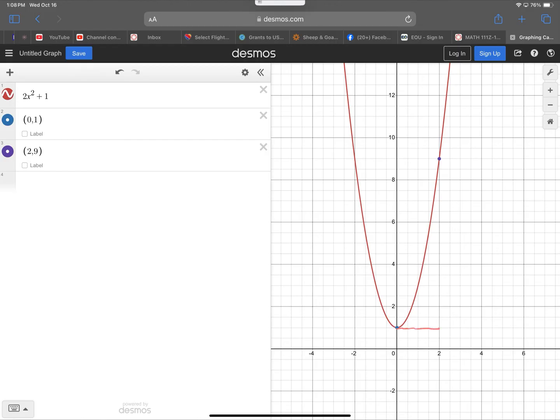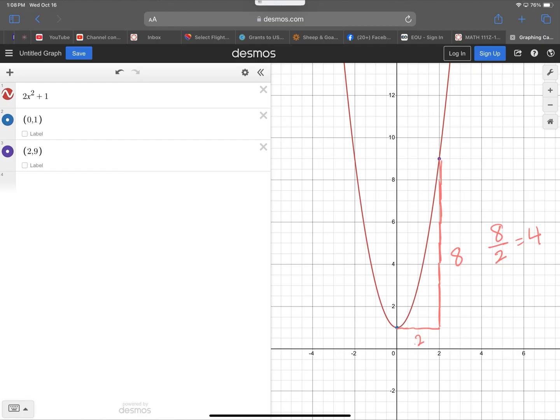That's 2 over. Each one of these is a half. This is up 1, up 2, up 3, up 4, 5, 6, 7, 8. Right? So my average rate of change would be 8 divided by 2, which is our 4. All right?